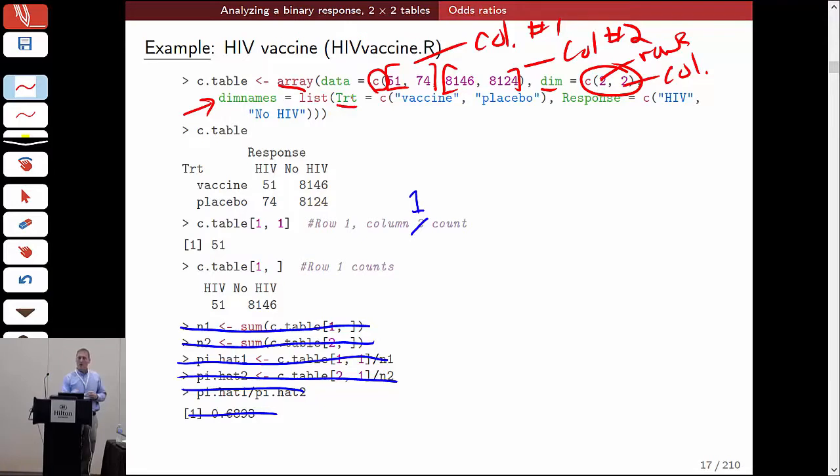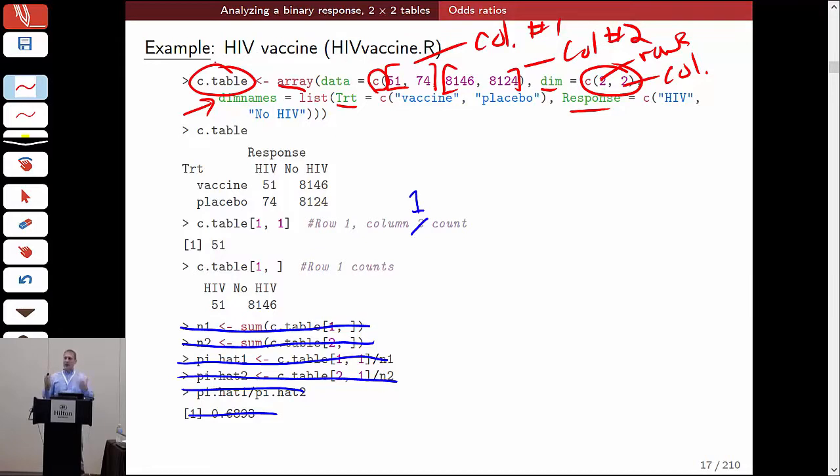So the rows are shown first. That's my treatment, vaccine and placebo. And the response, or the columns, are shown second. So I put this all into an object called C.table for the lack of a better name. C.table standing for contingency table. I type C.table in my command prompt, and I get my contingency table back.